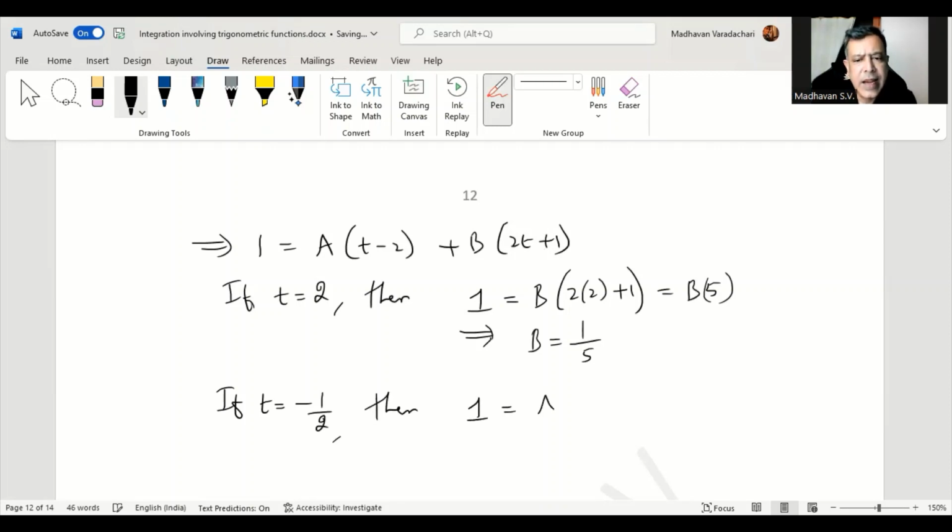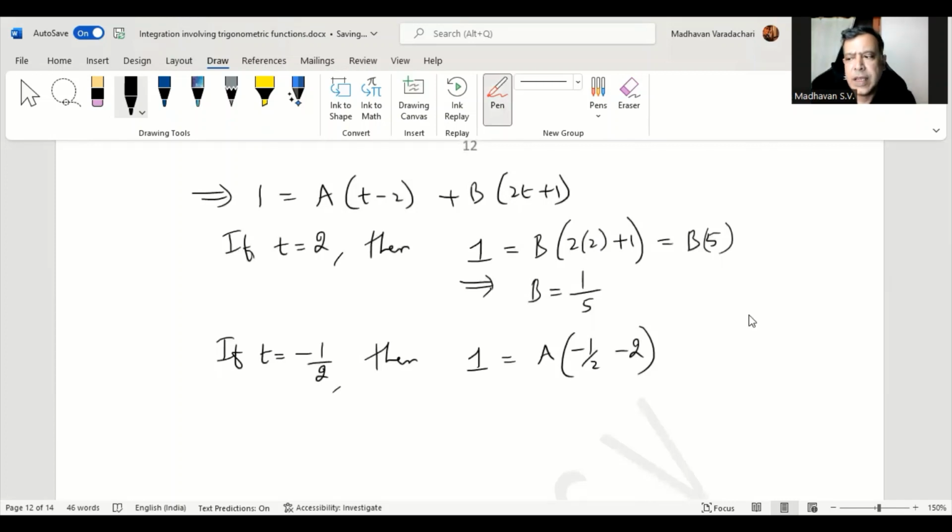Right hand side, a times minus 1 by 2 minus 2. Of course, the second term becomes 0 because minus half into 2 is minus 1 plus 1 is 0, which means I can rewrite this as a times minus 5 by 2, which means our a is minus 2 divided by 5.